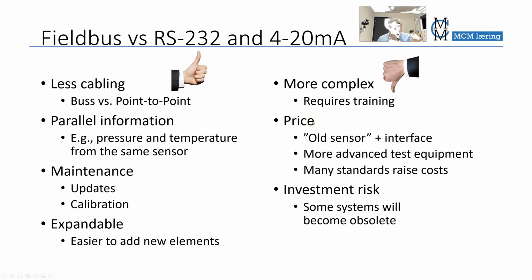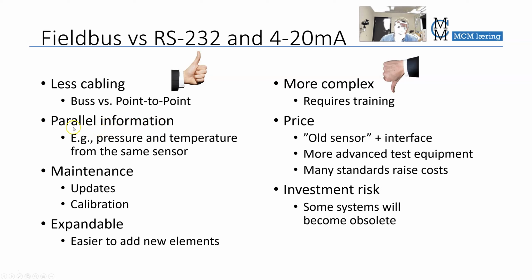If you compare it to RS-232 and 4-20 milliamp current loops, it requires less cabling because you don't do point-to-point. Usually you use a bus structure in field buses, not always, but sometimes it requires less cabling. You can have sensors that do parallel information, which means that they can send two sets of data.